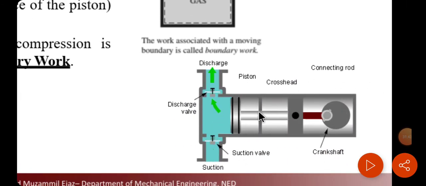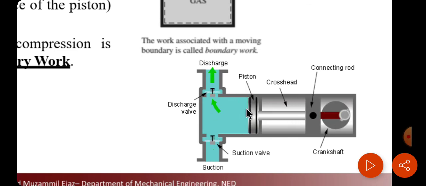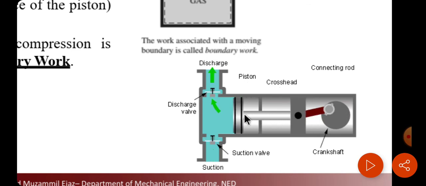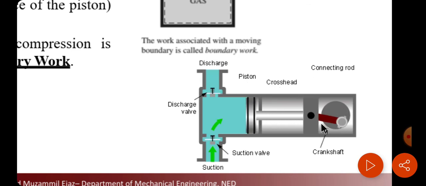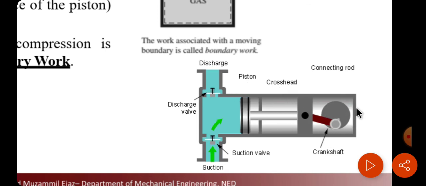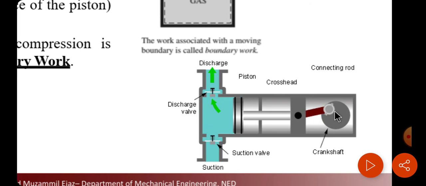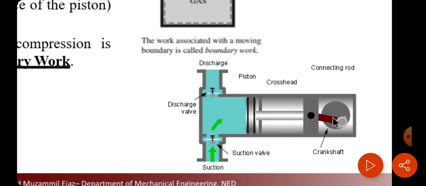In this picture you can see that in compression and expansion, the piston will move back and forth, and by this ring and crankshaft we can convert this to and fro into rotation or circular motion, and that circular motion can be utilized to run any wheel, by connecting any generator to convert into electrical energy.